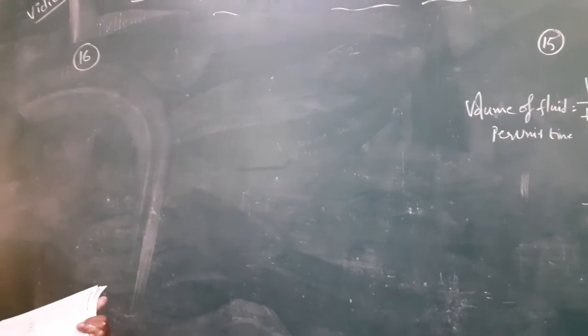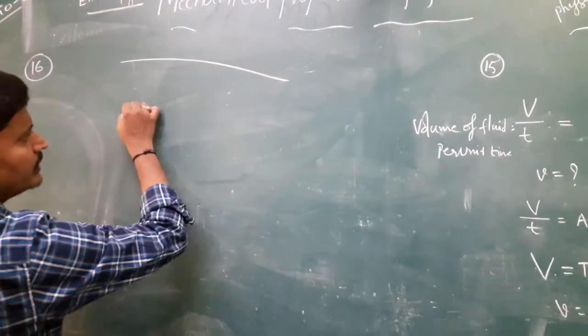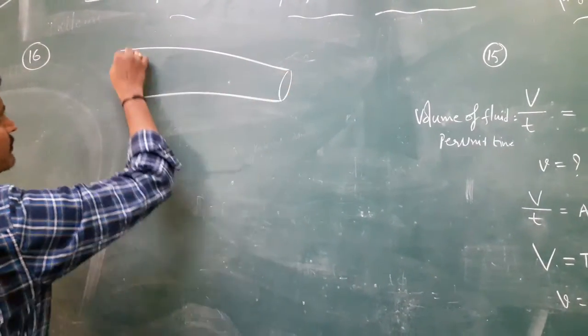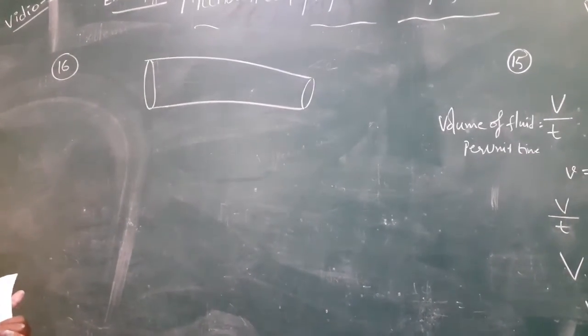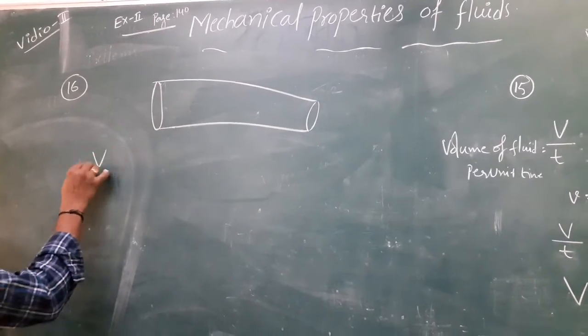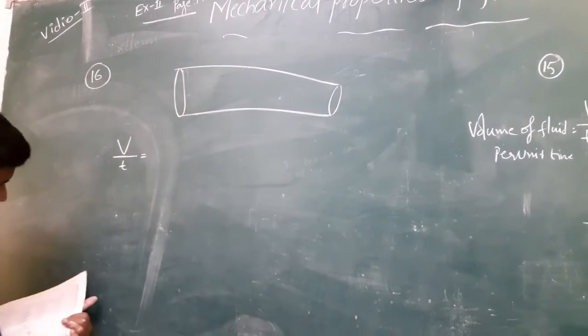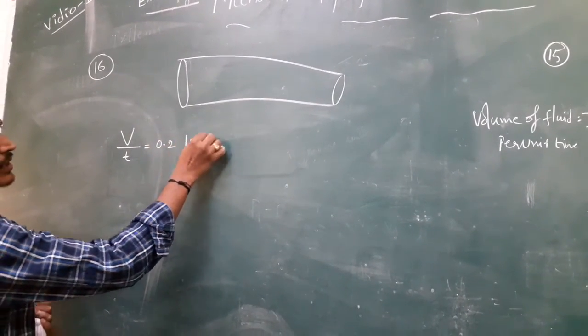Next, water is flowing through a horizontal pipe of non-uniform cross-sectional area. The rate of volume of fluid flow, V by T, is equal to 0.2 liter per second.